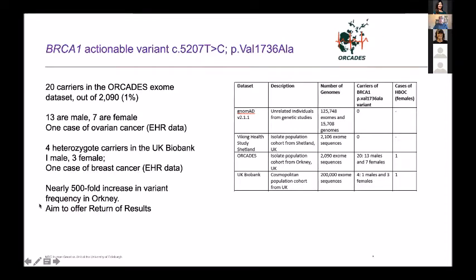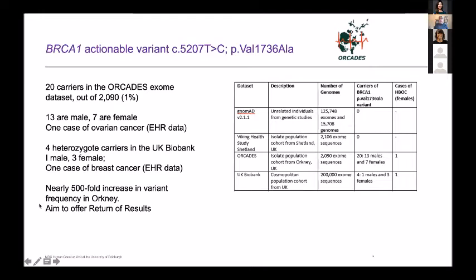So to recap, 20 in Orkney, about 1% of the people that we recruited to our study, carry this rare variant. And within the females, we found 1 case of ovarian cancer. 4 carriers in the UK Biobank, and of the 3 females, 1 case of breast cancer. And that works out to be a nearly 500-fold increase in the variant frequency in Orkney.